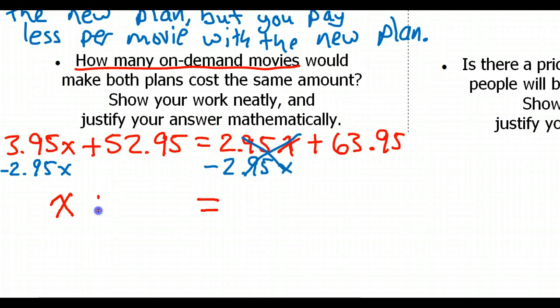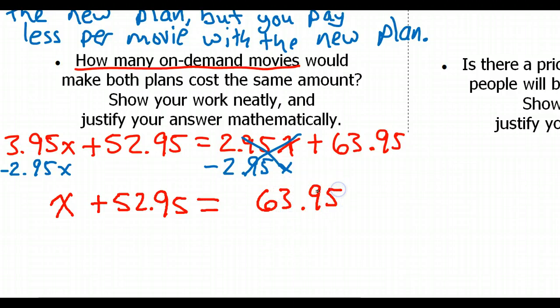So I'm going to bring this down. So I've got x plus $52.95 equals $63.95. So of course, to get x by itself, I'm going to subtract $52.95 from both sides.